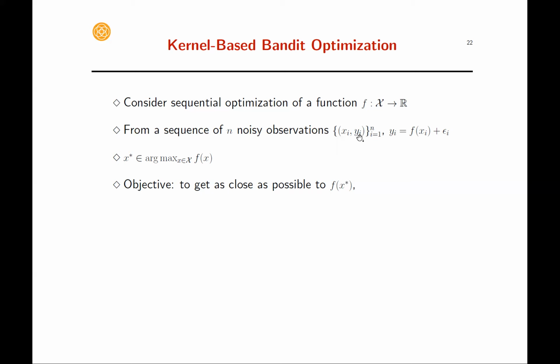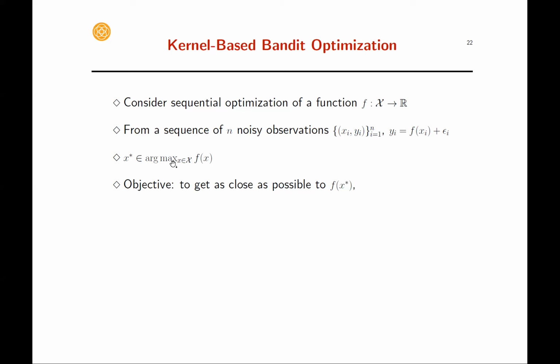So we have access to these n noisy observations (x_i, y_i), i from 1 to n, where y_i is a noisy evaluation of f(x_i) up to the noise epsilon_i. Let's use the notation x star for the optimum point of f, for which we use argmax, but it could be argmin.